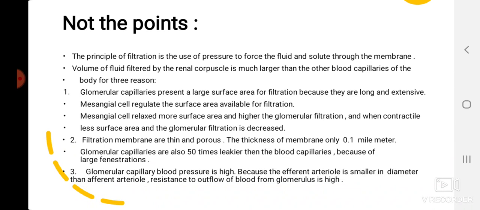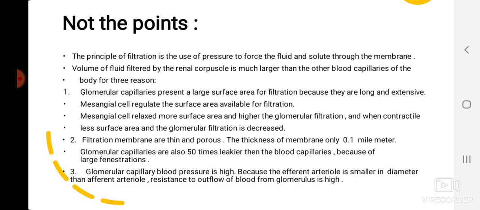So next, the third reason for high glomerular filtration is that the glomerular capillary blood pressure is high, because the efferent arteriole is smaller in diameter and the afferent arteriole has a larger diameter.